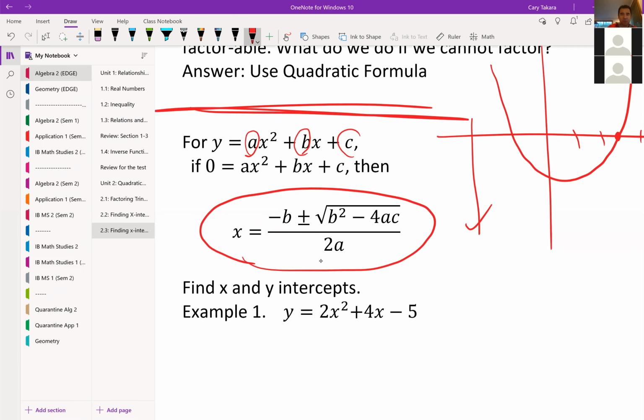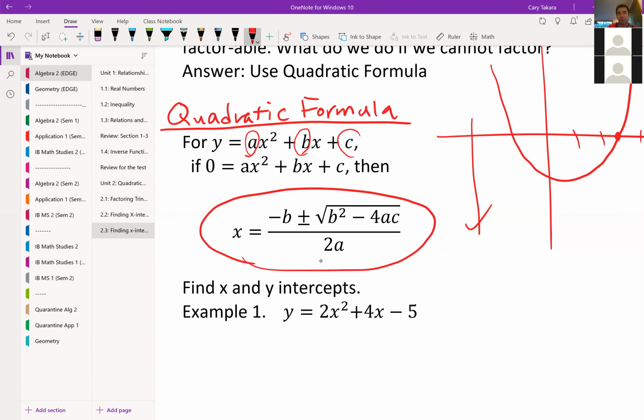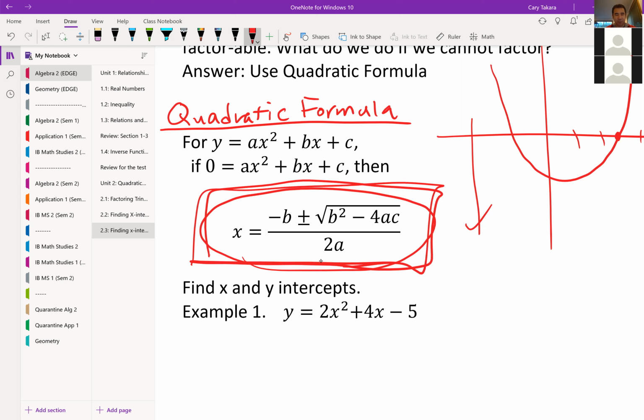So, this is a quadratic formula. Now, what is it? Quadratic formula is if you have y equals ax squared plus bx plus c, the form that we've been working on for factoring, then we can solve for x-intercept by applying this quadratic formula.